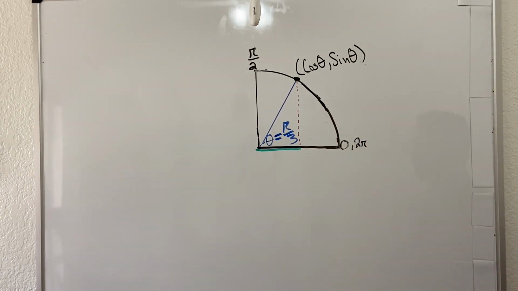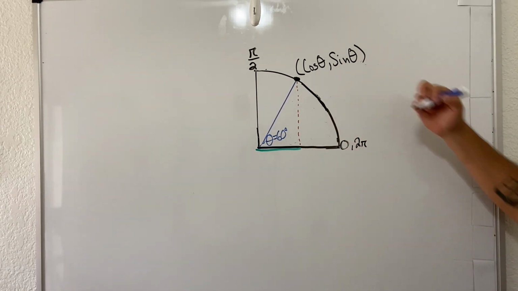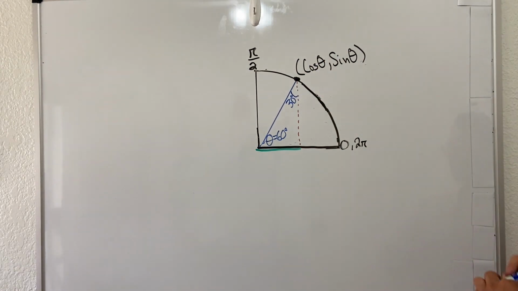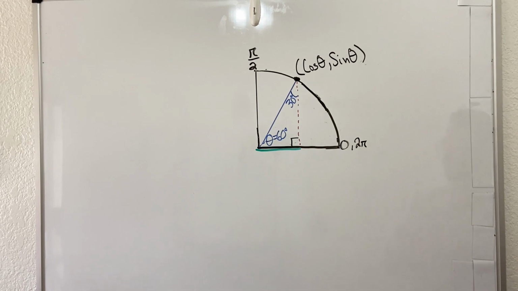If we convert this pi over 3 to degrees, we know that it is equal to 60 degrees, which means that this angle up here must be 30 degrees, since this angle here is 90.